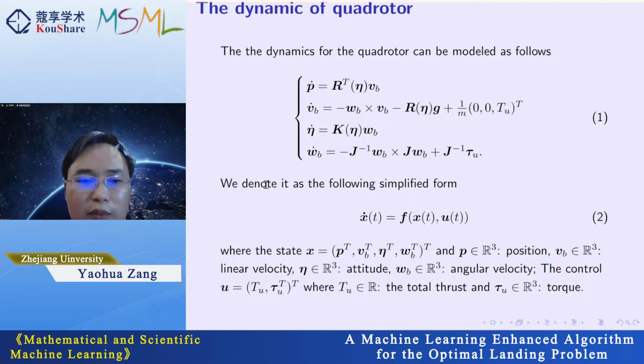The third term is the attitude of the core rotor, and the last term omega b is the angular velocity. The control u also has 2 terms: the first term capital Tu is the total thrust, and the second term tau u is the torque of the core rotor.